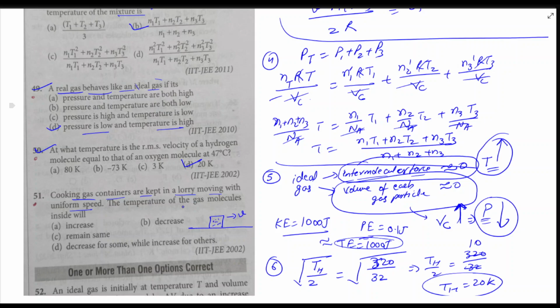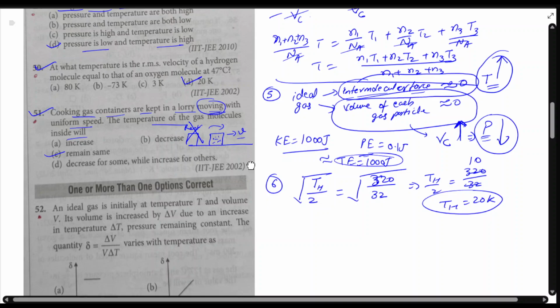The temperature of the gas molecules inside will... Look, if it is moving with a constant velocity v, then the total energy of the system is constant, right? We are not giving any energy. It is already moving. It is not saying that it was at rest and then started to move. So there is no energy we are giving, so it will remain the same. So temperature and everything will remain the same. It was a tricky one.